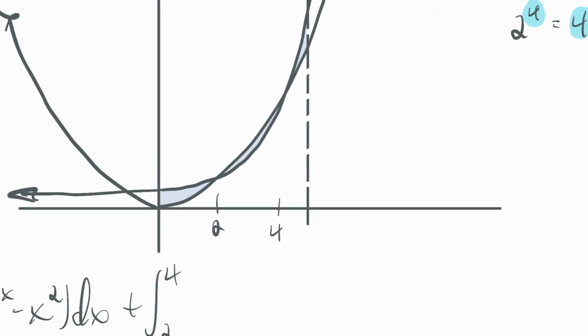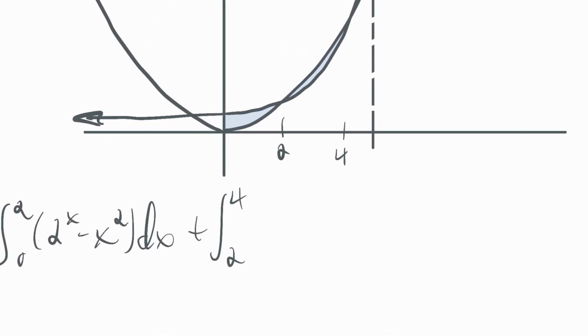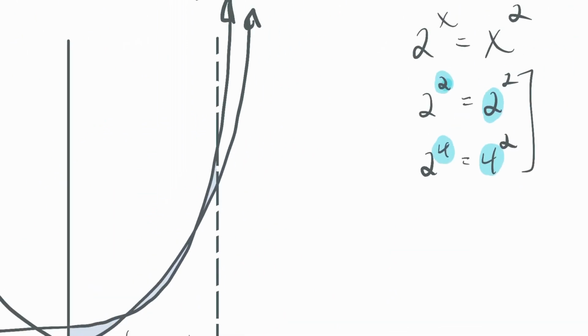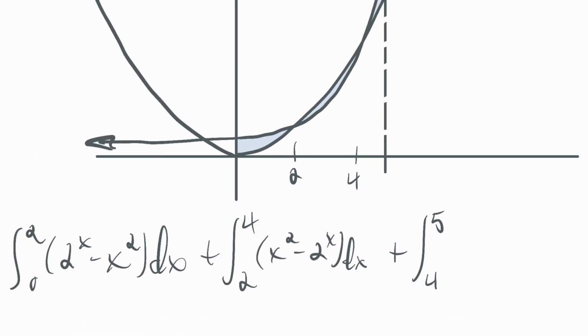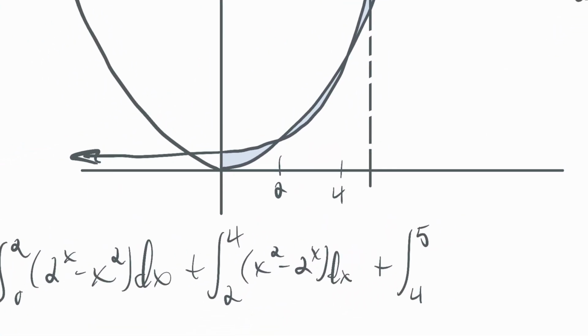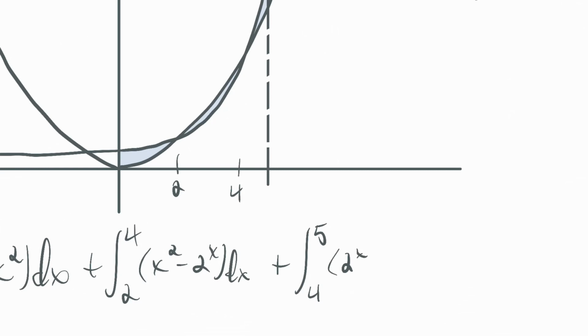Here, it's actually the parabola that forms the top of the region and the exponential that forms the bottom, so I have to switch the order in my integrand. So this will be the integral of x squared minus 2 to the x dx, and then plus the last interval, 4 to 5, and the 5 is, remember, from the statement of the problem. This will be the same as the first integrand because it switches back: 2 to the x minus x squared dx.